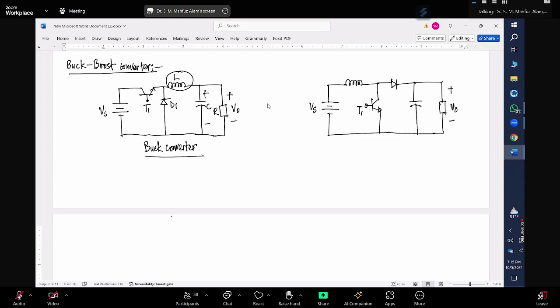Again in this circuit, the inductor is responsible for storing energy and providing that energy later to the load or the output. And the capacitor is responsible for keeping the output voltage constant with minimum ripple. So this is my boost converter.